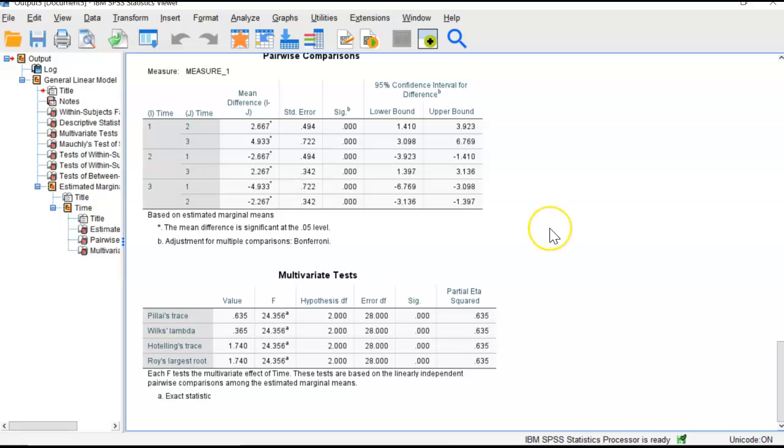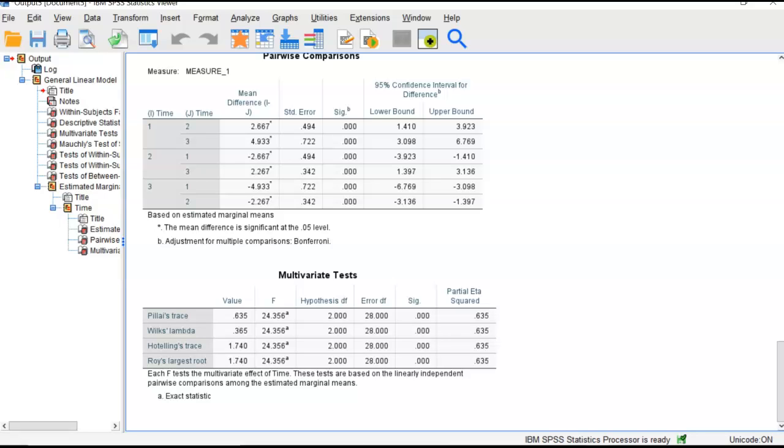Now, in your text, when I ask you to write a description of the findings, there are a couple of different examples that they give you. In the bottom of page 278, in the gray box, you have a sample of how to write up a one-way repeated measure ANOVA, and that's the kind of sentences that I want you to write.